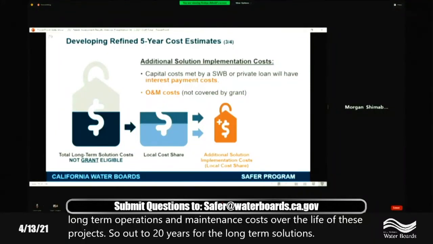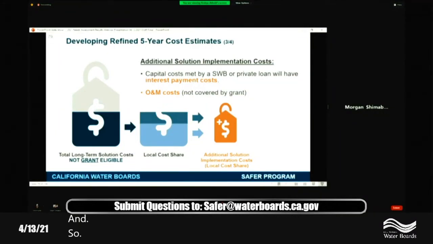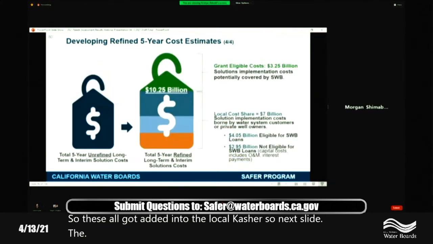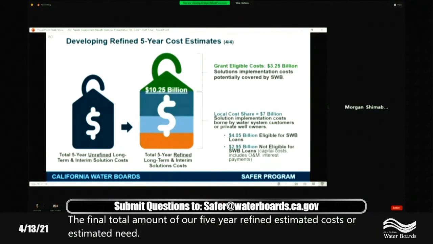And so these all got added into the local cost share. So next slide. The final total amount of our 5-year refined estimated costs or estimated need came out to $10.25 billion.